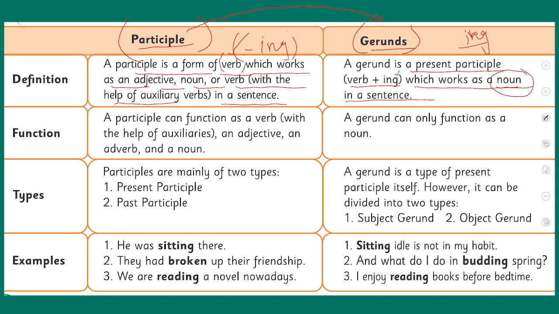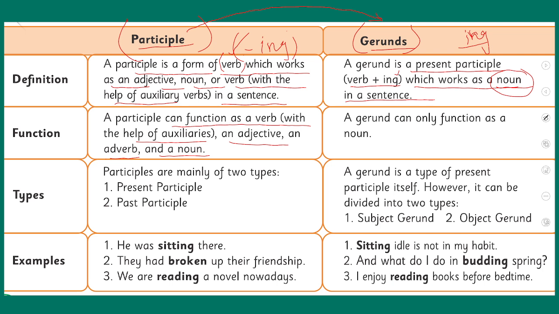So let's read about the function of the participle and the function of the gerund. A participle can function as a verb with the help of auxiliaries, an adjective or an adverb, and a noun. So participles can work as a verb with auxiliaries, as adjectives, as adverbs or as nouns.